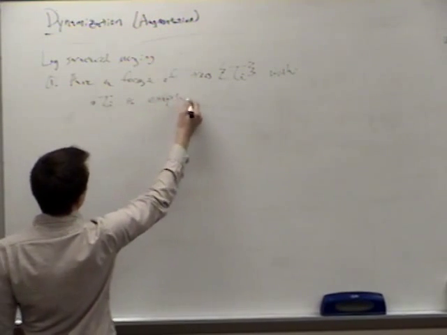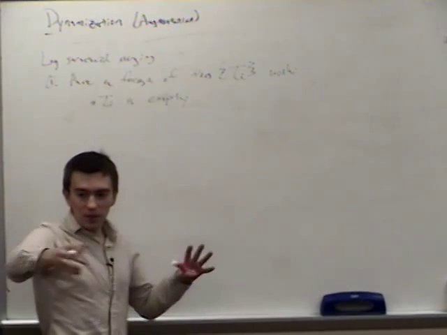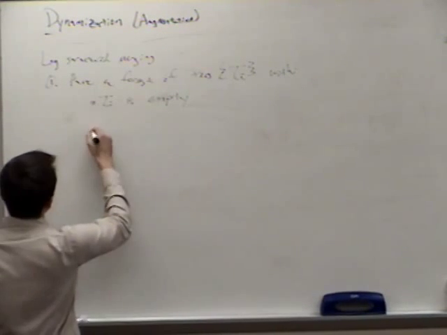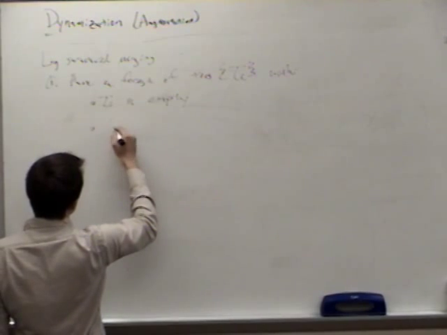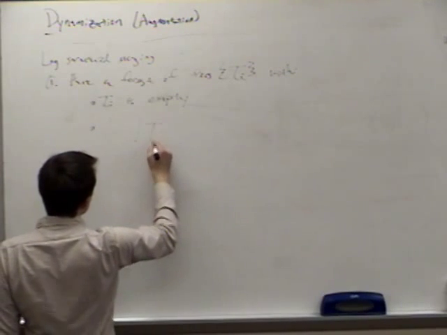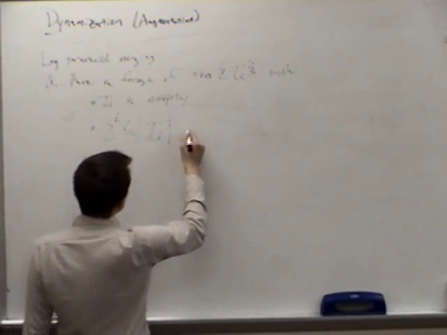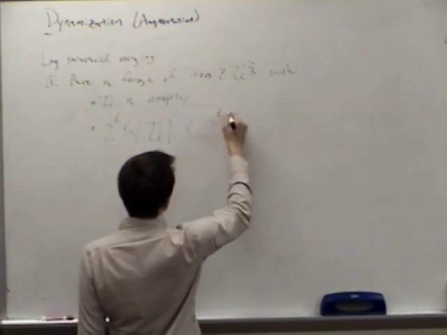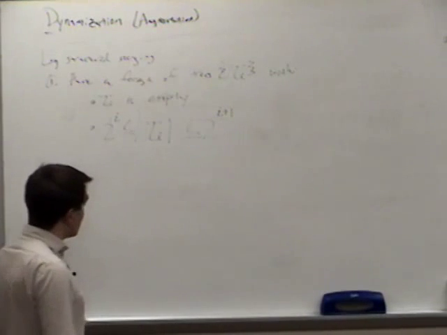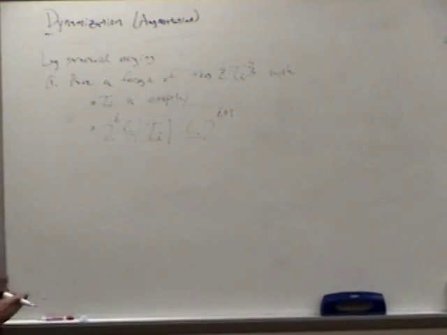So either one of these trees is going to be completely empty, not filled at all, or the size of Ti is going to be between 2 to the i and 2 to the i plus 1, something like that. All right. So we have basically this sort of ascending set of trees, right?